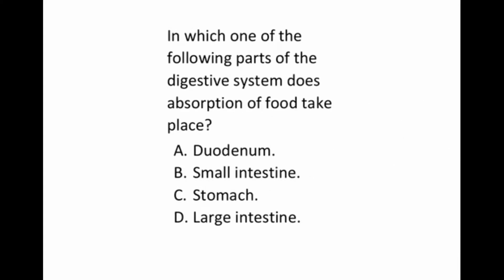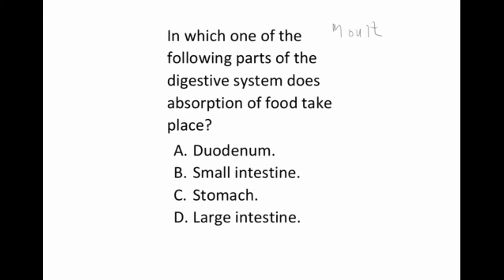In which one of the following parts of the digestive system does absorption of food take place? When you look at the digestive system, it comprises different parts that include parts like the mouth.